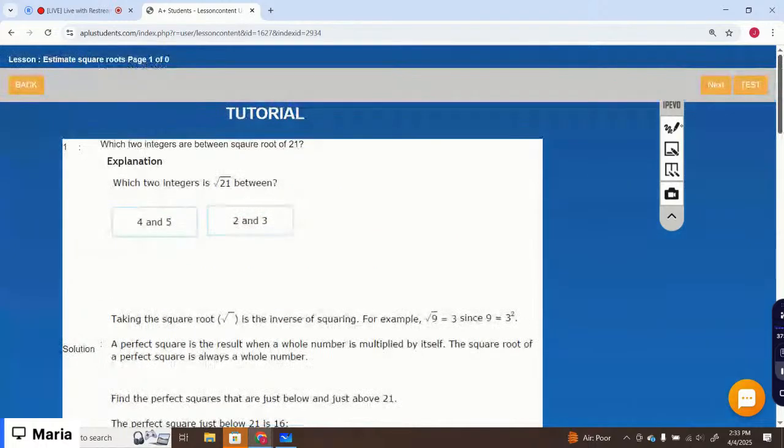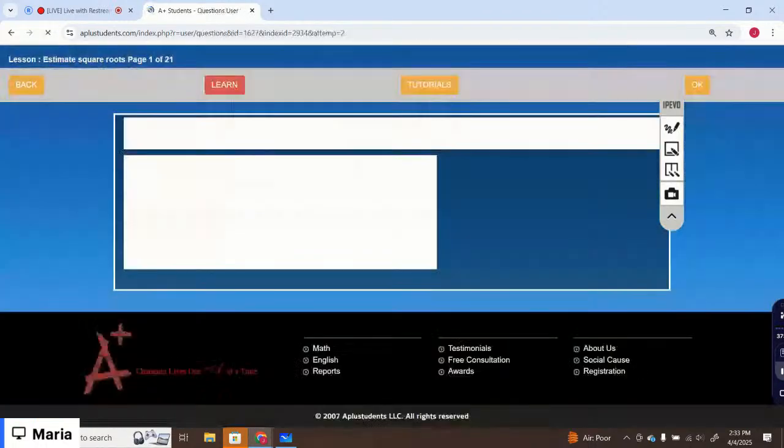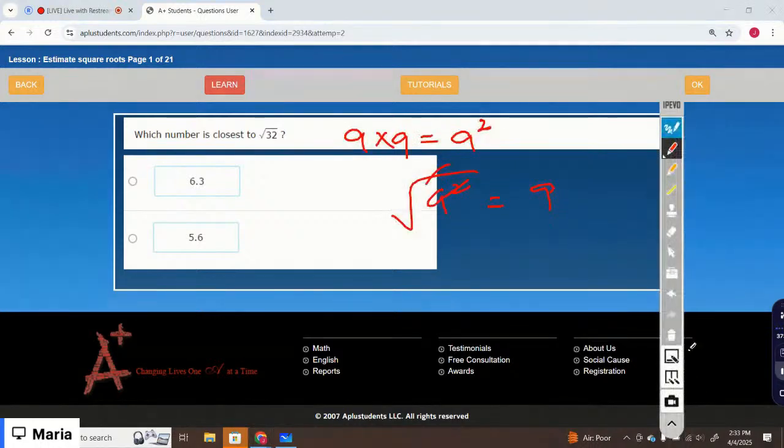Let's just start with the test questions. What is the square root of 32? The square root of 32 is between 25 and 36, right?